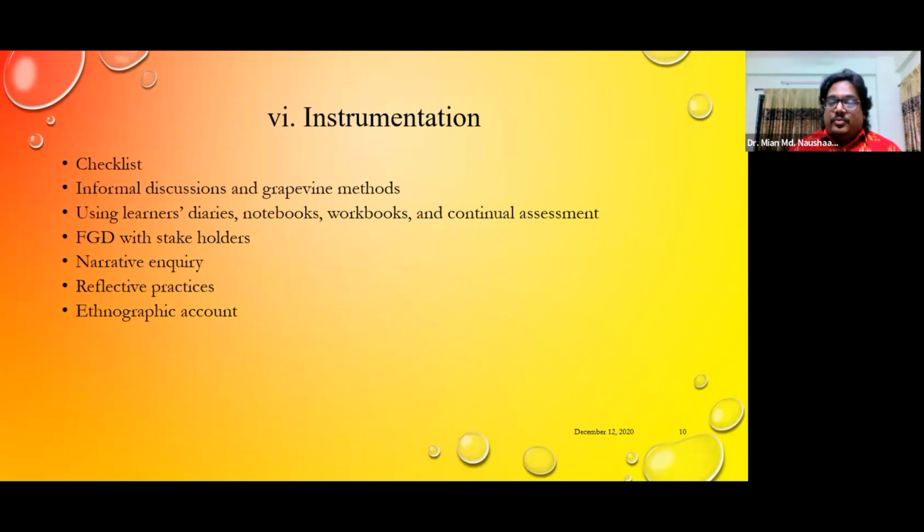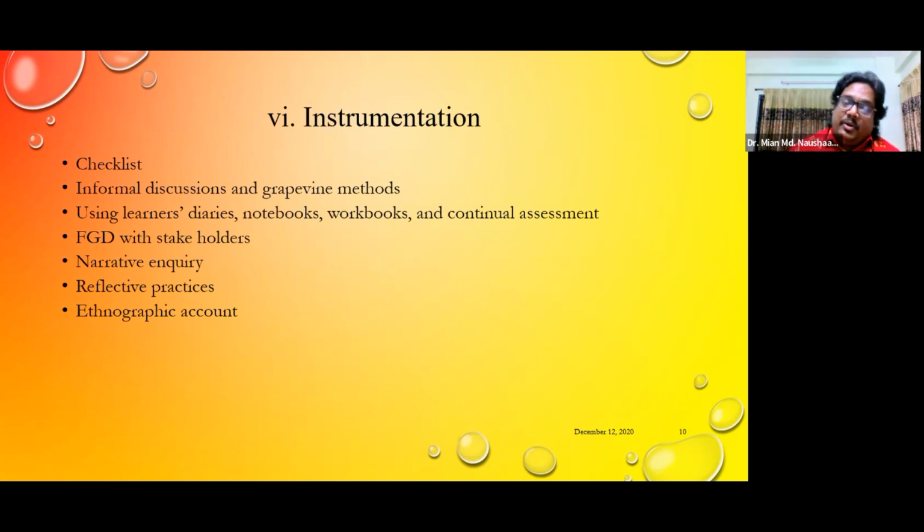We can have focus group discussion with the stakeholders of the textbook, including parents, publishers, students, teachers, everyone. There can be a narrative inquiry on selected samples, maybe the best student in the classroom and the weakest student in the classroom, and someone who is of average quality, something like this. Or maybe parents of these students, or my colleagues.